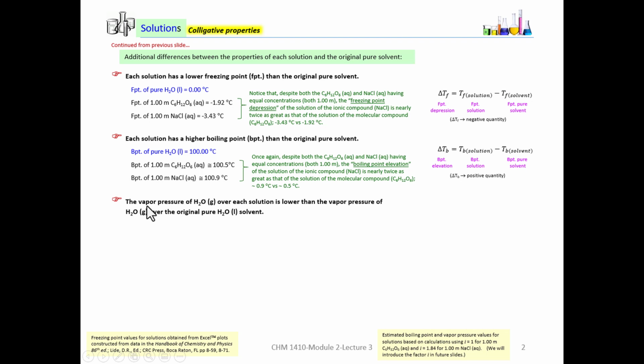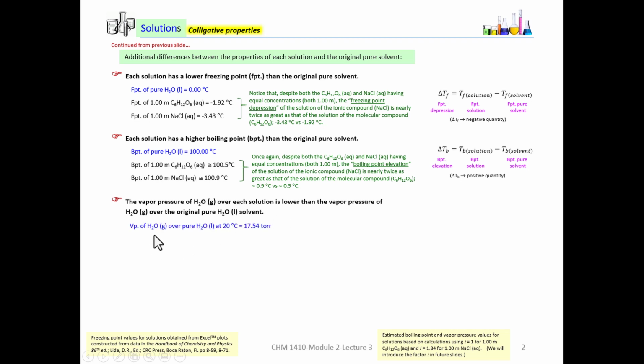The other thing that's different about each solution is that the vapor pressure of water vapor over each solution is lower than the vapor pressure of water over the original pure liquid water solvent.